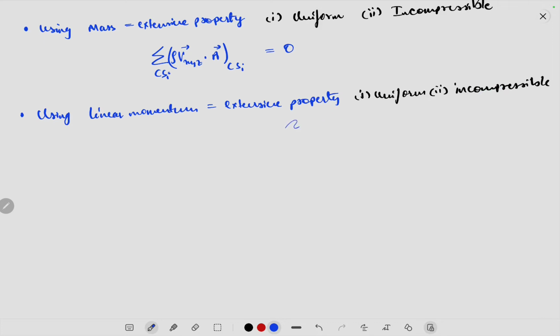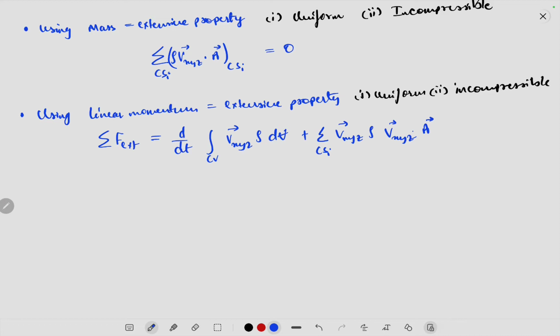So for uniform and incompressible flow, summation over all external forces on the control volume is equal to d by dt integral over control volume Vxyz rho dV plus summation over all control surfaces Vxyz rho Vxyz dot A vector over CSi.